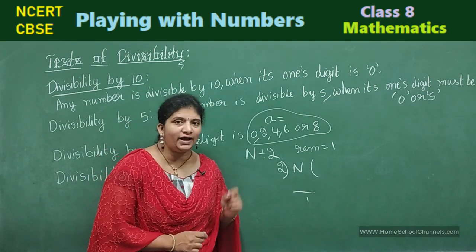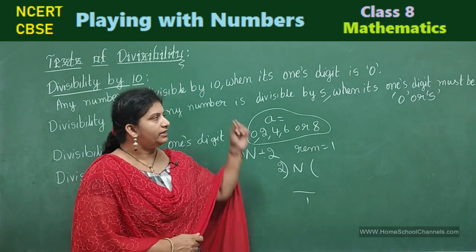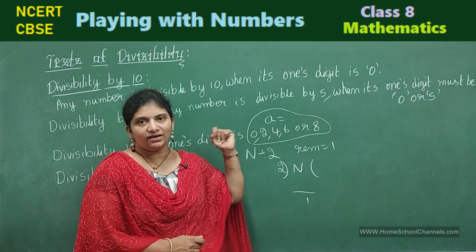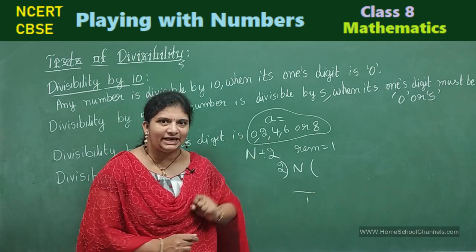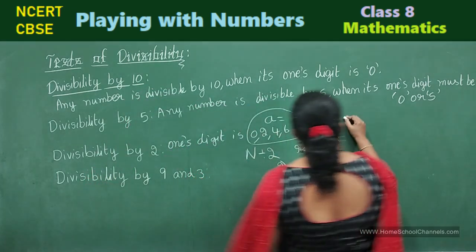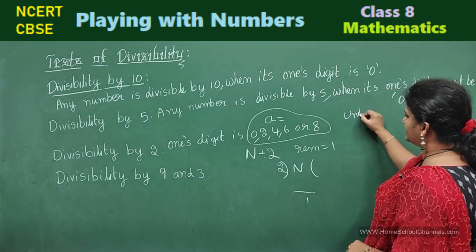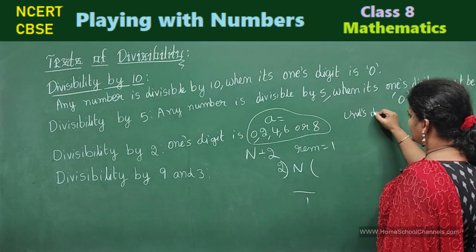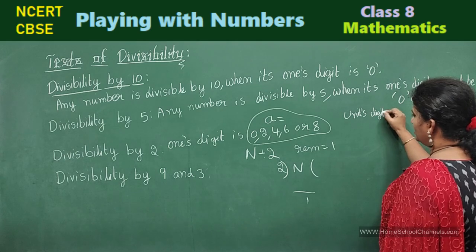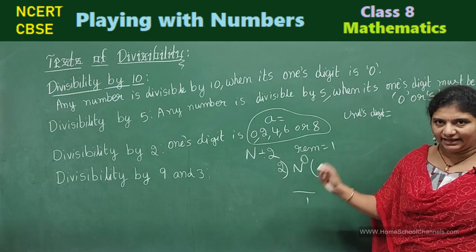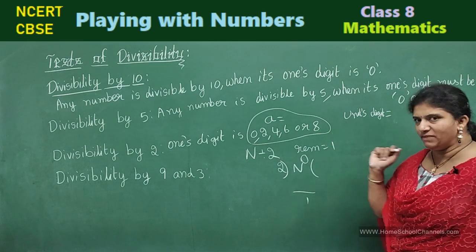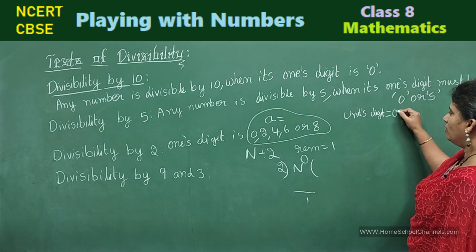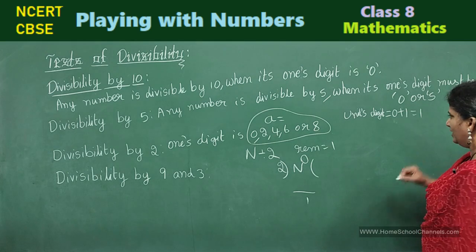Now, in order to find the ones digit, with division by 5 we have only two options, 0 or 5. But here we have many numbers. So, let us start finding the units digit. We can guess by taking all these digits and adding the remainder. 0 plus remainder 1 is 1.